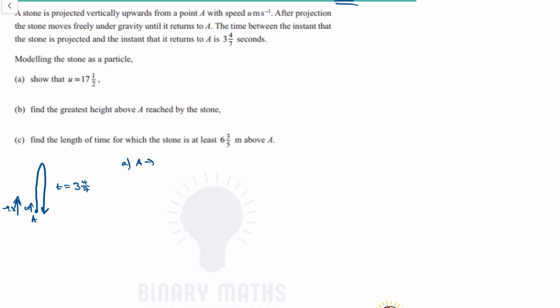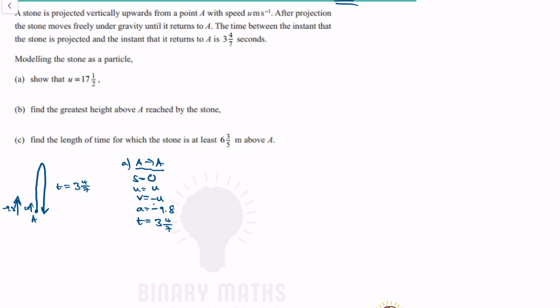So A to A. If I set up that from A to A, then displacement is 0, initial speed is u, final speed, because it's symmetrical, will be minus u. Acceleration is minus 9.8, and time is equal to 3 4/7. So I've got everything here, so I can use any equation of motion.